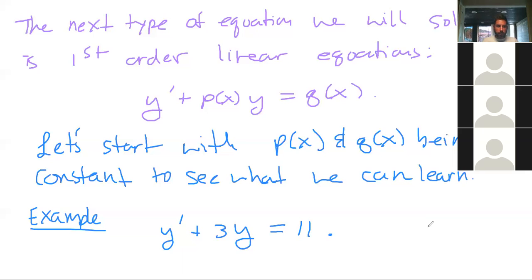If we look at the left-hand side, we see y prime and we also see y. For someone like myself who does math for a living, what I recognize is something that looks like it might be the product rule hidden in there somewhere.